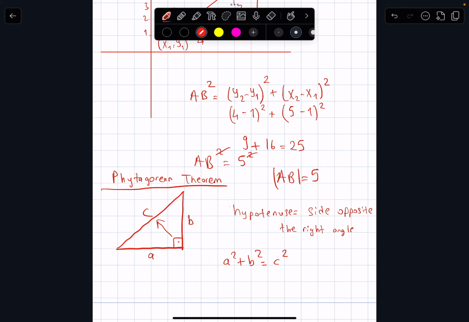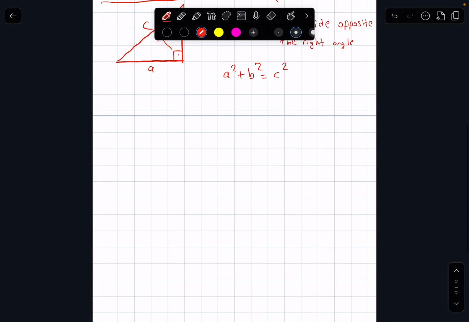Okay? But why do we need this, and how can we implement it in our daily life? Let's say you are trying to cross a river, okay? Let's write a question about it. Let's say Jane is trying to pass a river by swimming.